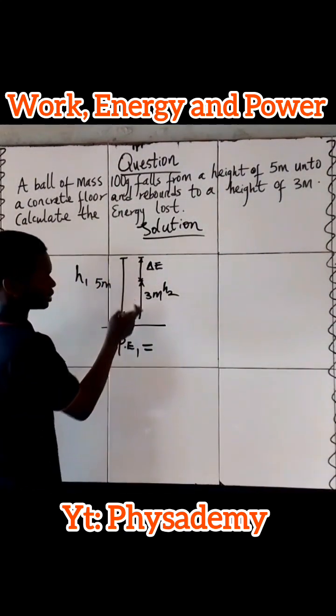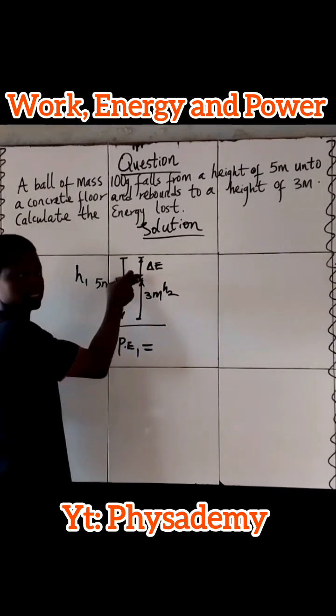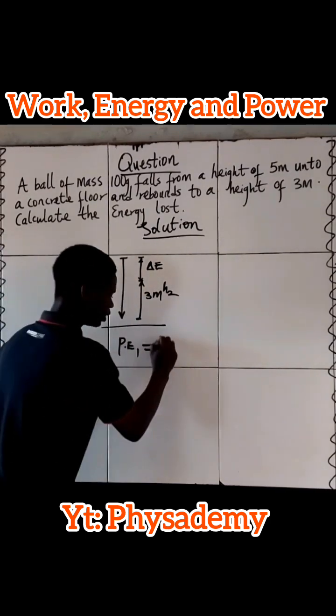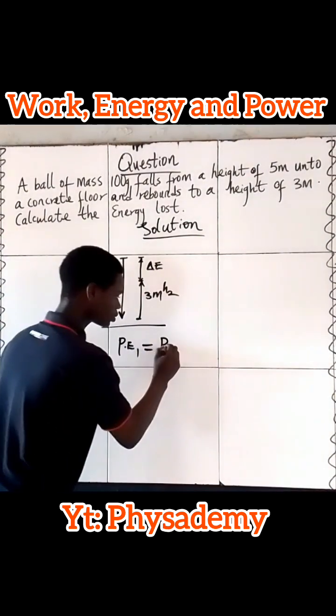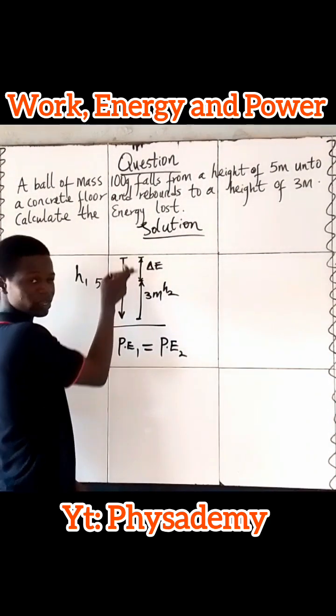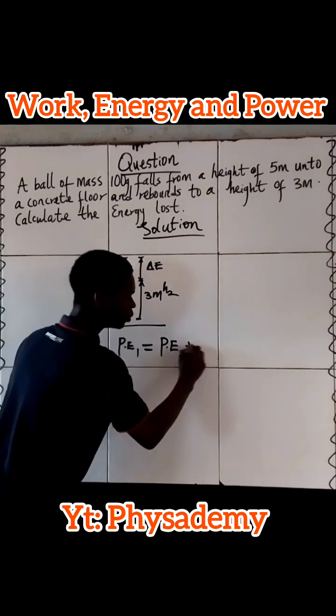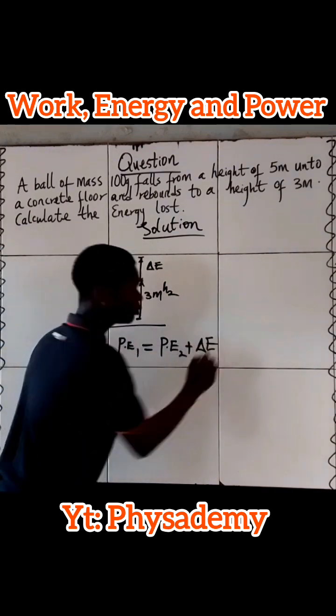At this new height of 3 meter after it rebounds upward, it has a lesser potential energy, PE2. The rest of the height that wasn't covered will be the change in energy.